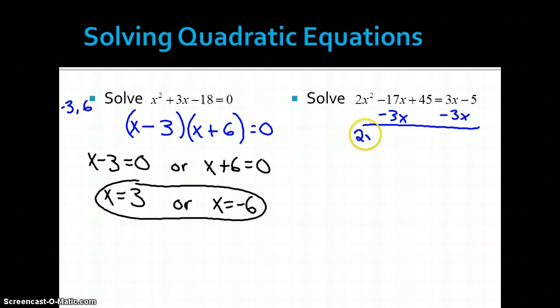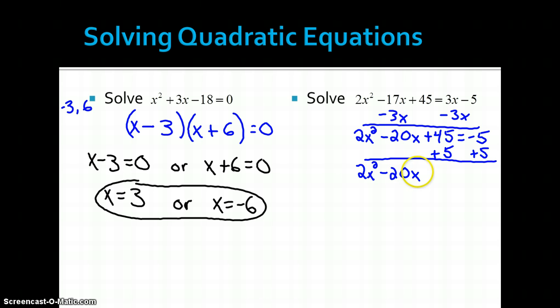That'll leave me with 2x squared minus 20x plus 45 equals -5. I'll add 5 to both sides. I have 2x squared minus 20x plus 50 equals 0.